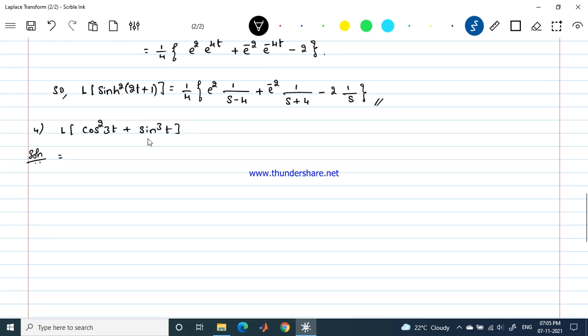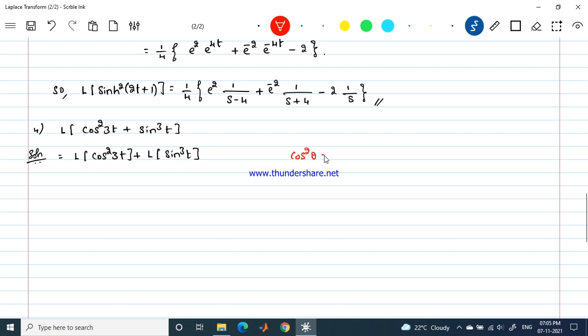This is Laplace of sum of two functions. So it is Laplace of cos square 3t plus Laplace of sin cube t. To find Laplace of these two, we need to remember these two formulas.